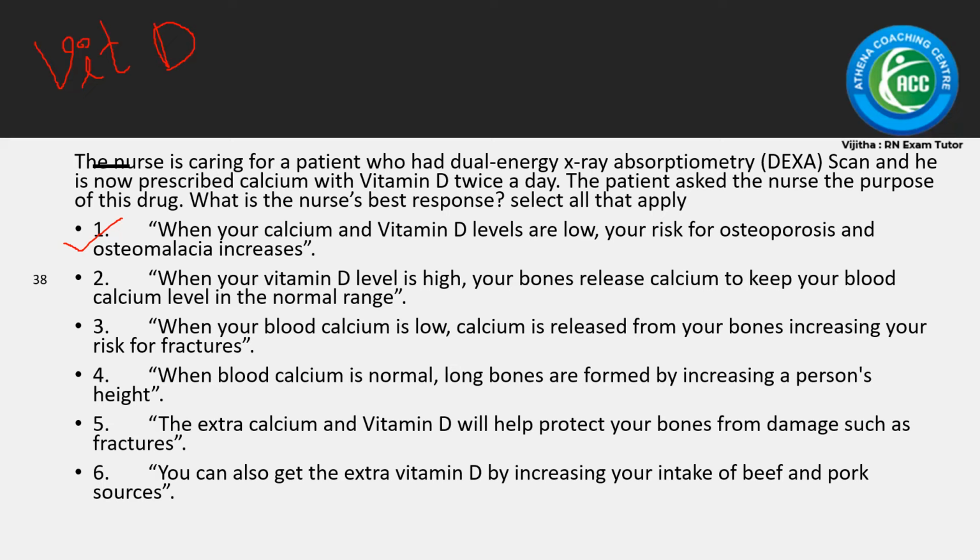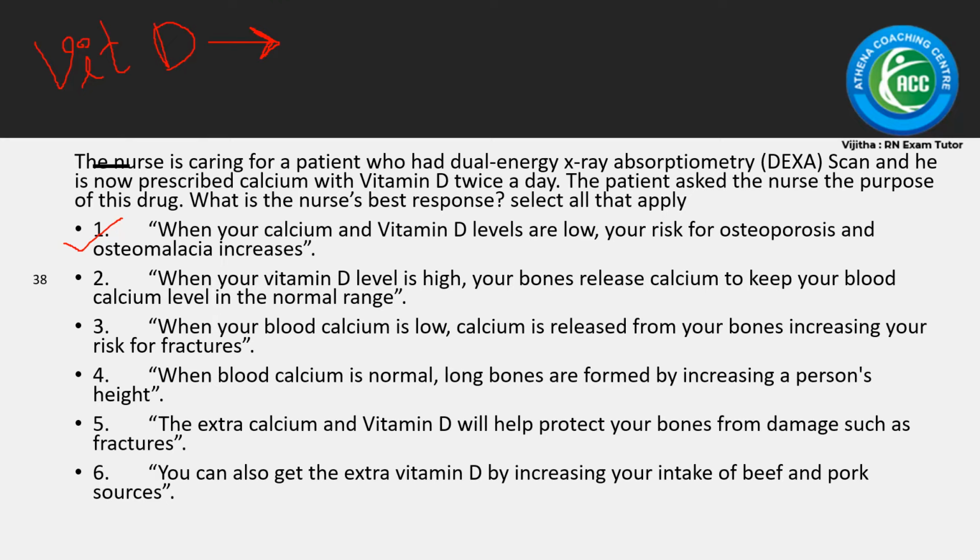When we get vitamin D from natural sunlight, through where does vitamin D enter into our body? Skin. Exactly, it is through the skin.